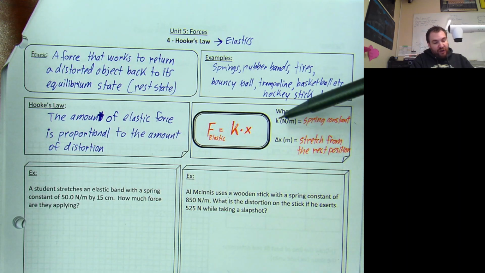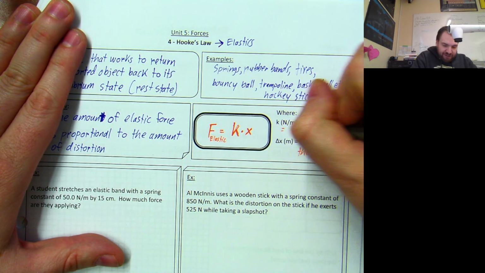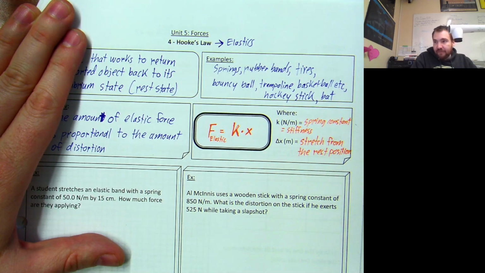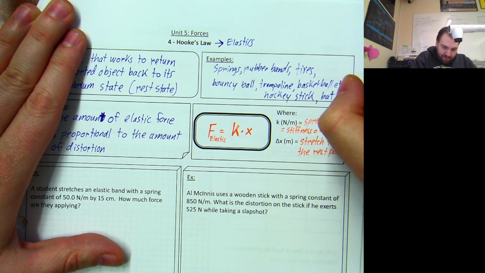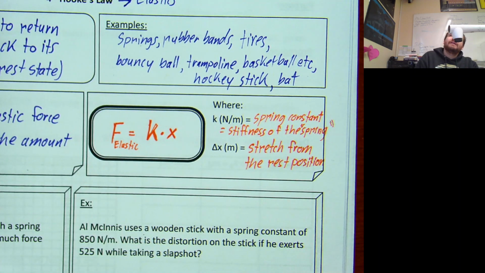Same thing here. The larger the value for K, the stiffer the spring. So K is also a reflection of the stiffness of the spring. And I use that word spring loosely because a hockey stick isn't a spring, but it has springy qualities. So we're going to use this F equals Kx here.